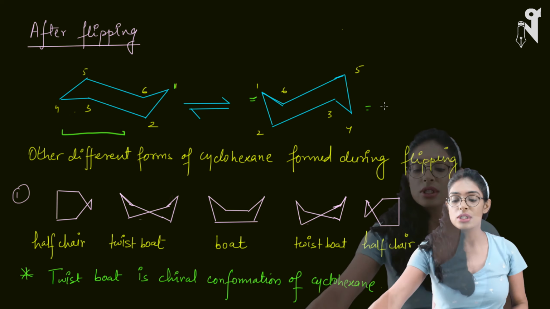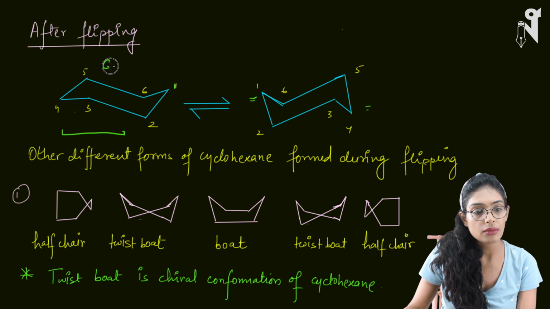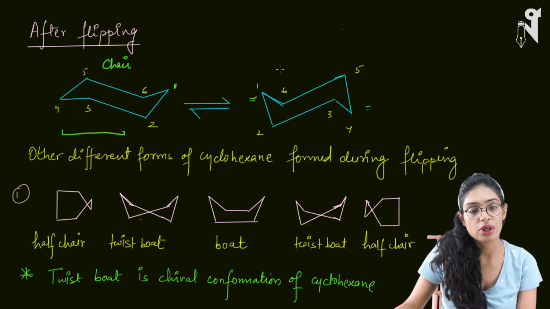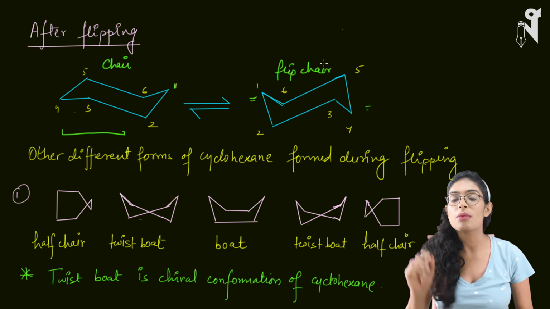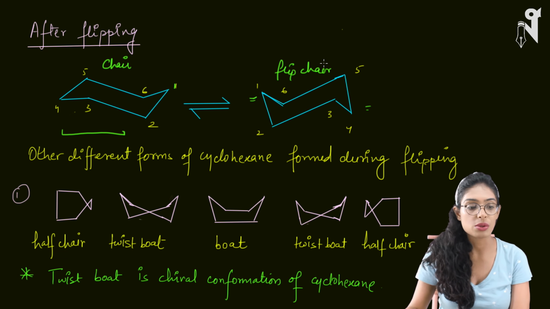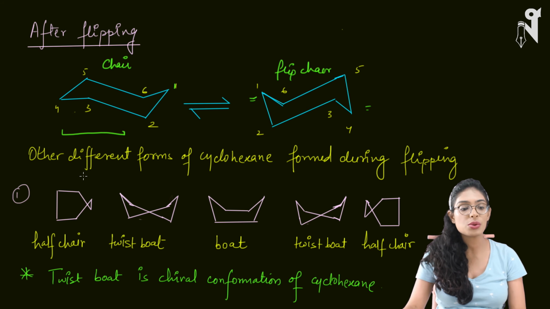Okay, so this is your flip, this is your chair, and this is your flip chair. They keep on interconverting, and when they are interconverting, there are multiple forms which they form in between. There are different types of cyclohexane forming in between. One is half chair. Half chair looks like this.